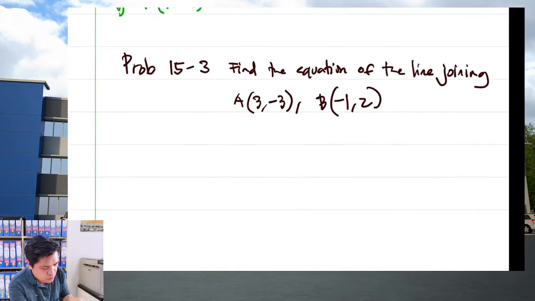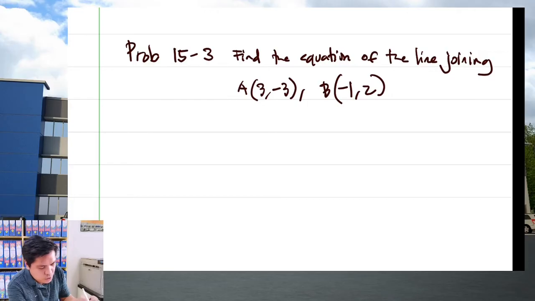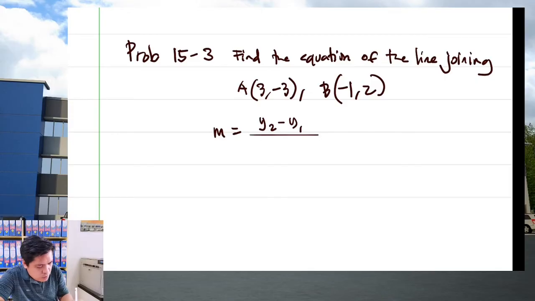So kahit ano yung gamitin natin, okay lang. So first thing we'll do, kasi point naman yung given, how about kung mag point slope form na lang tayo? Okay, so we have m is equal to y2 minus y1 over x2 minus x1.